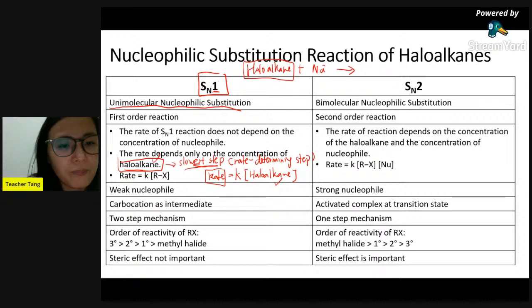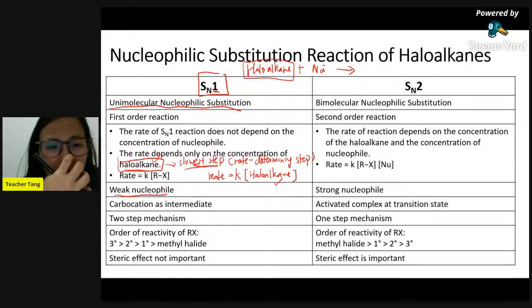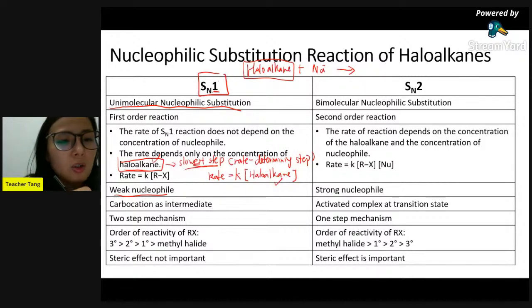Okay, so for SN1 reactions to occur, basically it involves a weak nucleophile. Remember, what is a weak nucleophile? Examples of weak nucleophiles: alcohol, water, ammonia. So these are weak nucleophiles. Usually weak nucleophiles will be related to SN1.